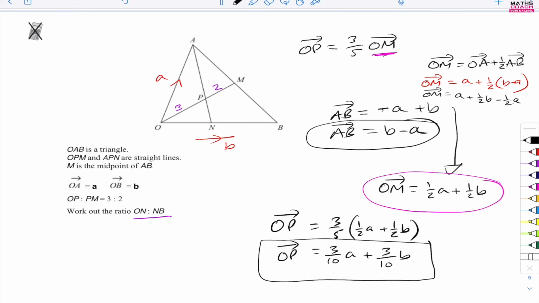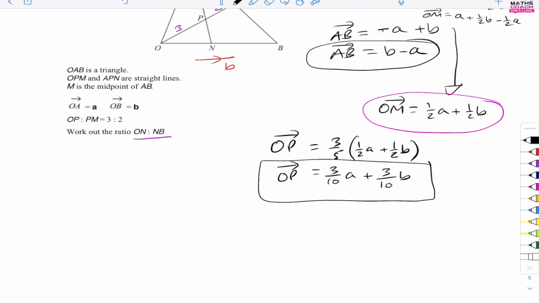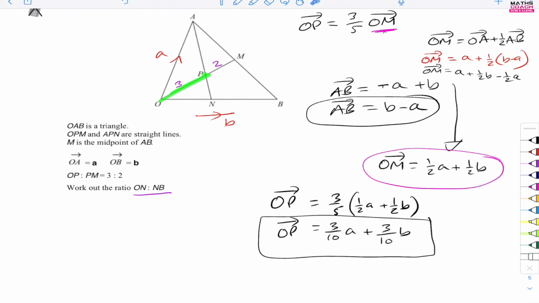We just have to find another way to do the same thing. Well, we went this way earlier using the part of O to M. This time, let's go up here and then down here. So once again, you need to know what part this is. Again, you don't know a particular part, so once again, you could use a letter to represent a part.